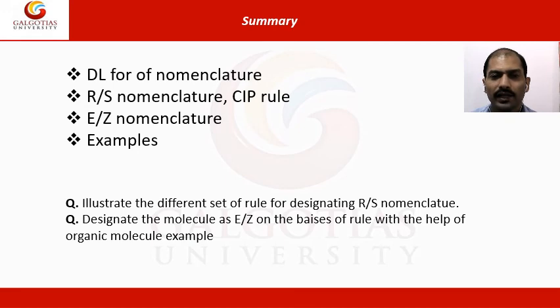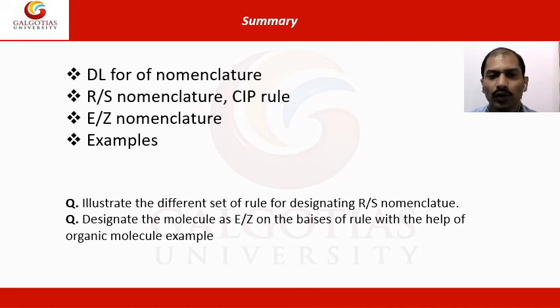Similarly, we saw dextrorotatory before that, and after that we saw the geometry in geometrical isomerism, carbon-carbon double bond and carbon-nitrogen double bond compounds, and how we can apply EZ nomenclature.